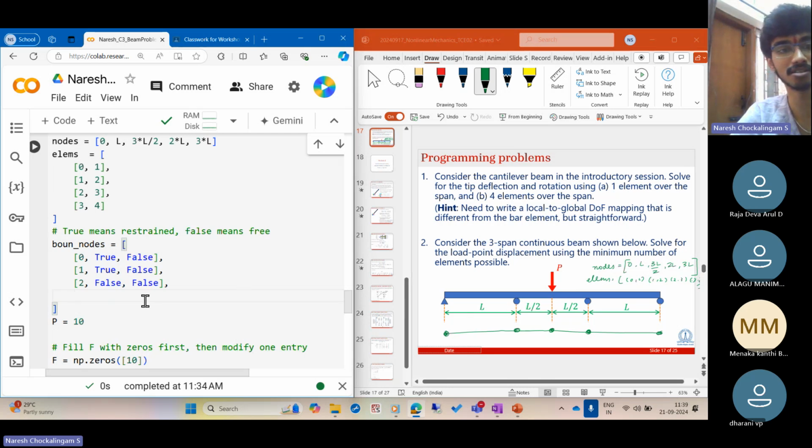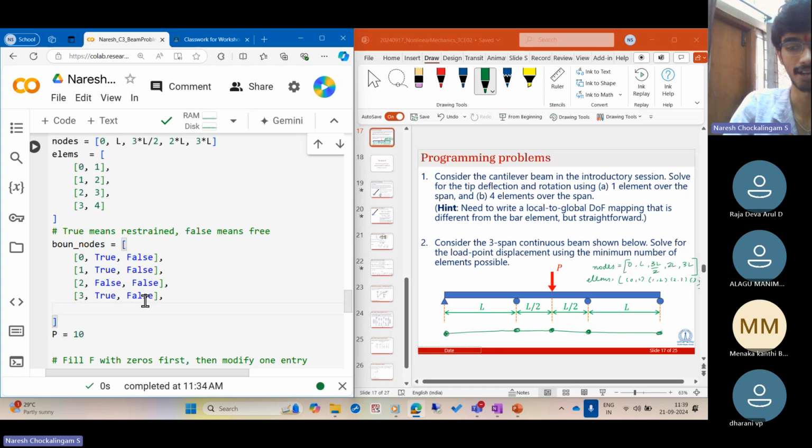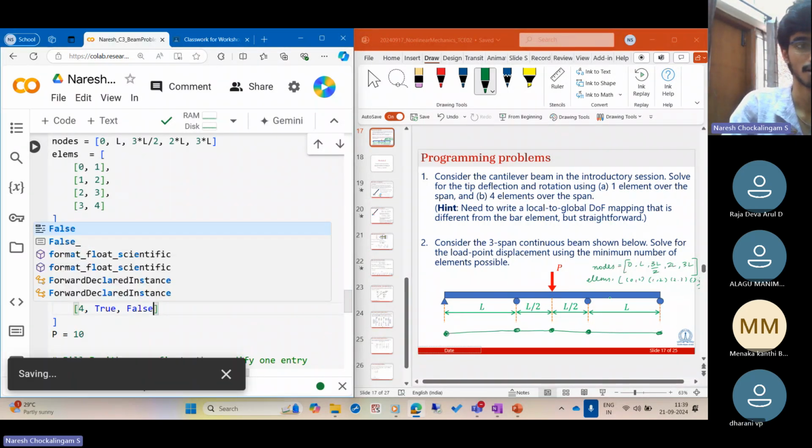So rotation is not restrained. Then the other conditions: 3, true, false. And the last one is 4, true, false.